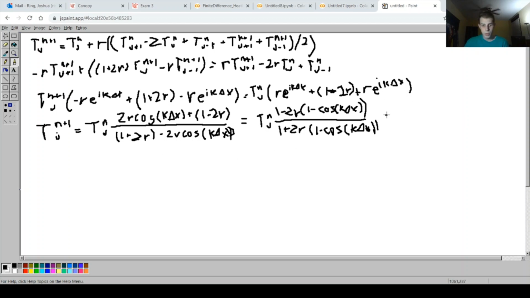So this now equals, after we do our substitution, TJN, our guy, stays with us through almost all these parts, but now it becomes inside. We have 1 minus 2ry.